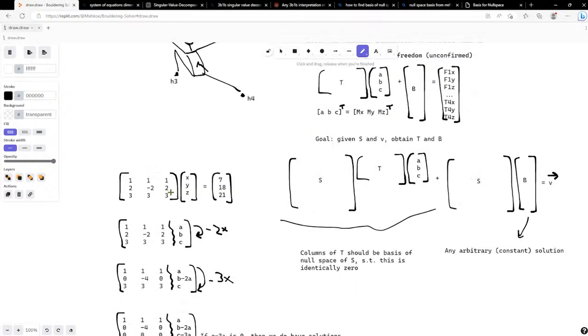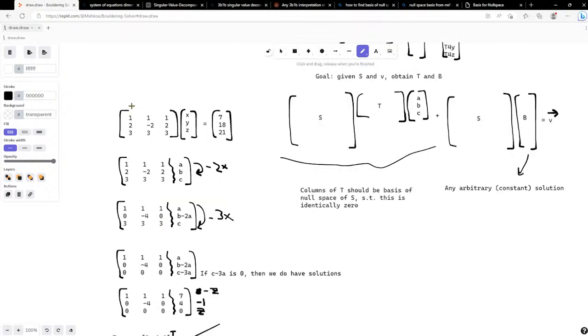The first thing we need to do is write a function to do reduced row echelon form, which is not simple. By no means is that simple. It's one of those really annoying programming tasks that's very error prone and easy to get wrong, and it's made even more complicated by floating point numbers, where extremely tiny numbers that are supposed to be 0 are like 1e minus 30 because of floating point error.